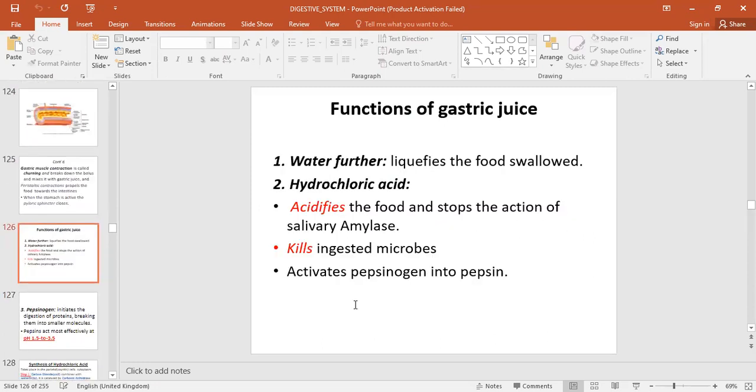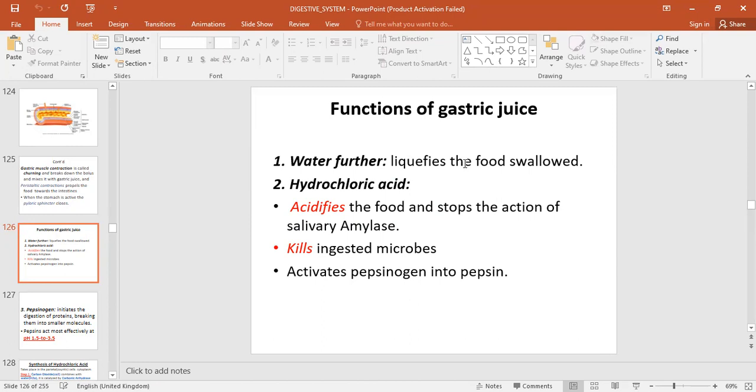Let's look at function of the stomach, function of gastric juice. Number one, the water in the juice liquefies food so that there is an aqueous environment. Remember, all chemical reactions in the body take place in aqueous environment. It has to be in a fluid state.